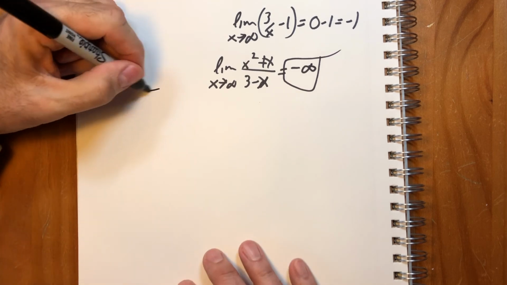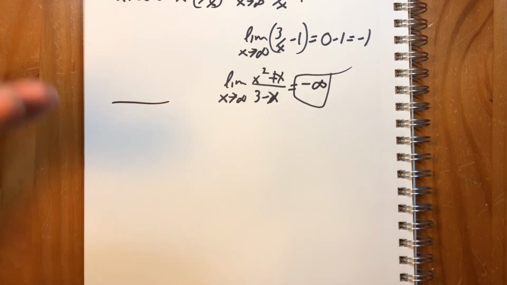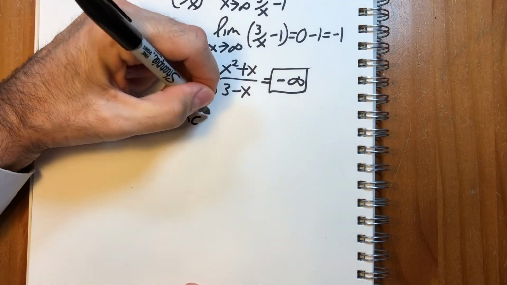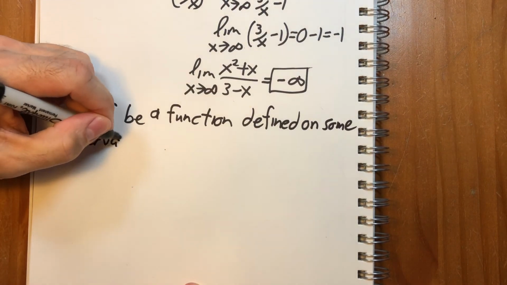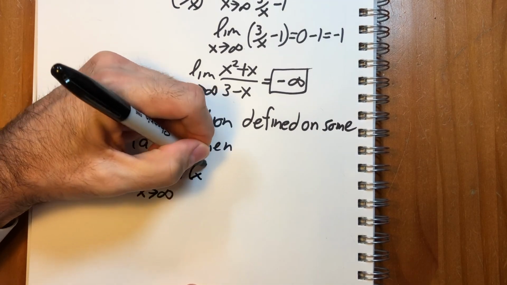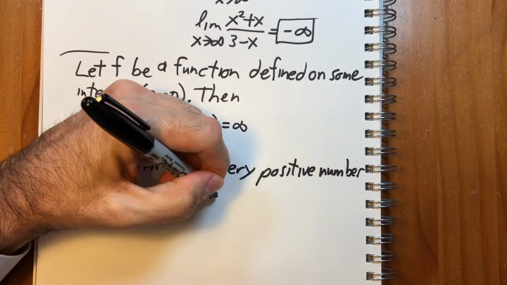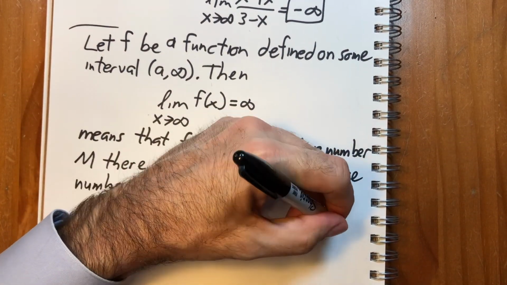Okay, finally, just like everything else, we have a precise definition for an infinite limit at infinity. So the precise definition is, let f be a function defined on some interval from a to infinity, then the limit as x approaches infinity of f of x equals infinity means that for every positive number m, there's a corresponding positive number n such that f of x is greater than m whenever x is greater than n.